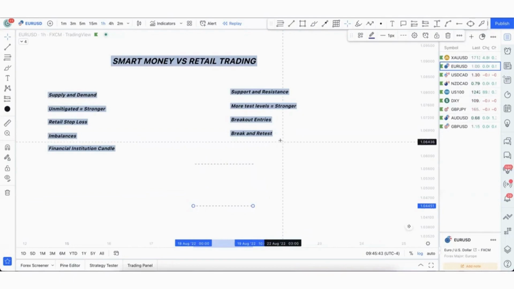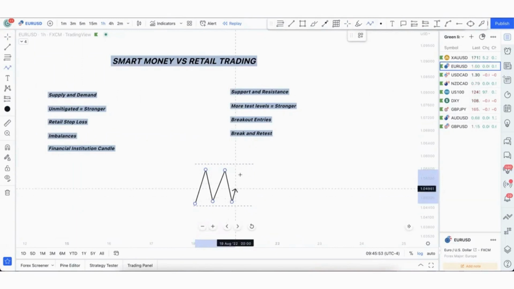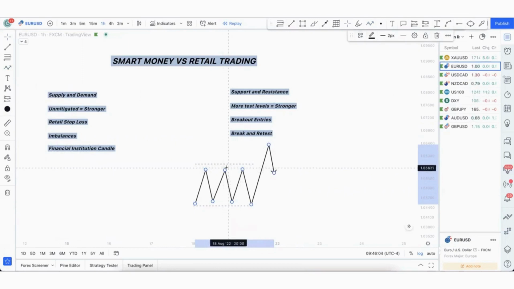An example of the breakout entries is like this one. Price is making a consolidation and then price has this breakout. Retail traders believe that this level of resistance has a strong confirmation, that when the price breaks this level, price will go to this resistance level and then go up again.